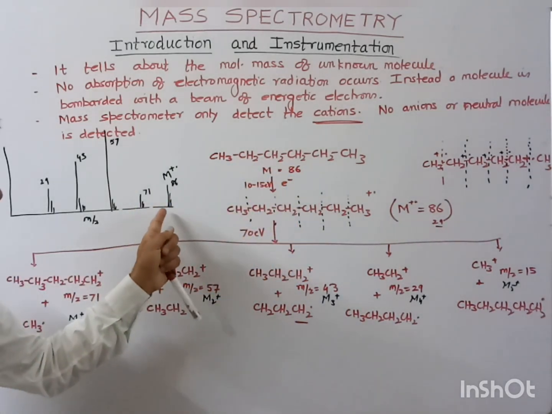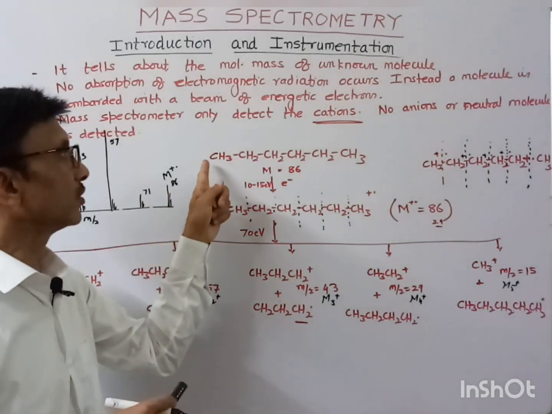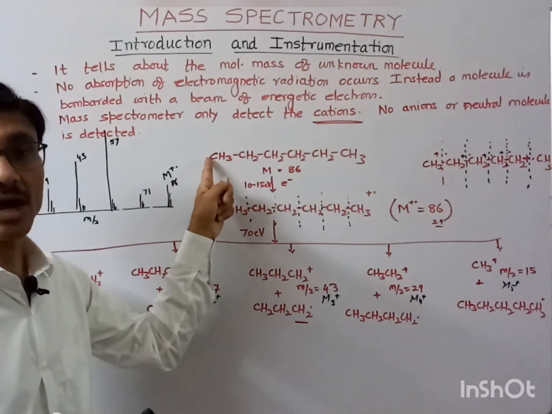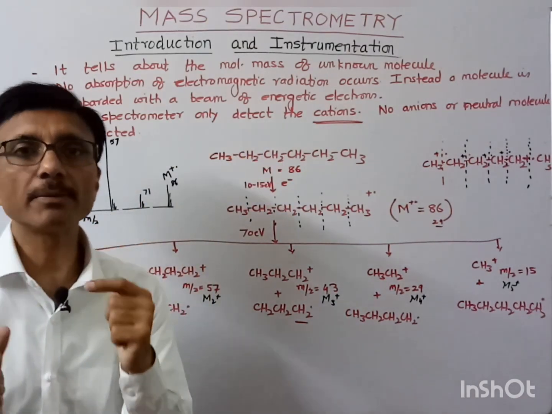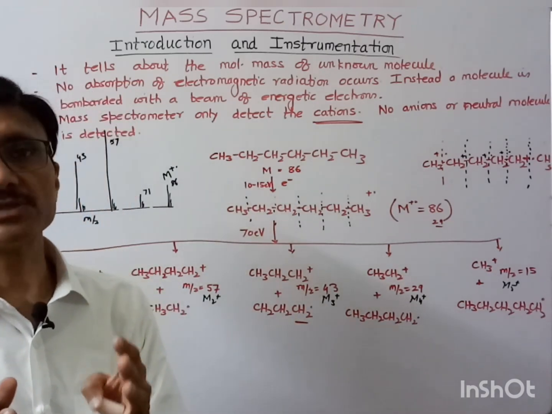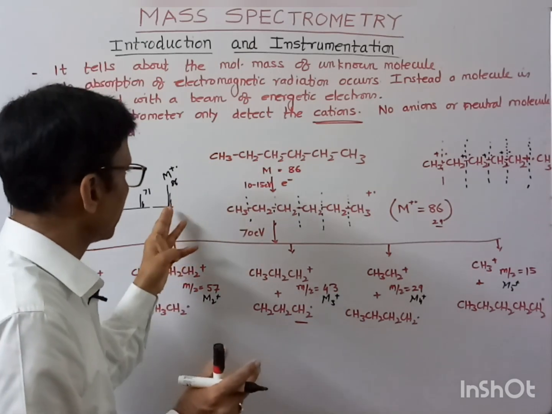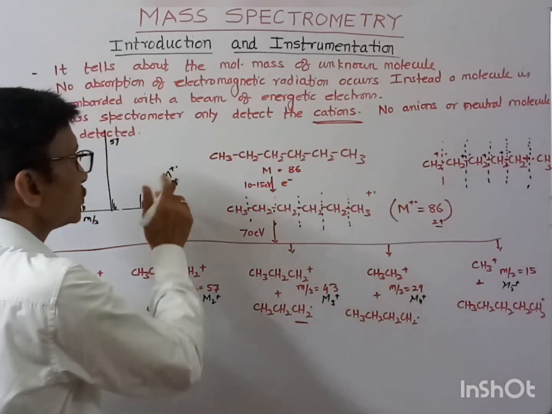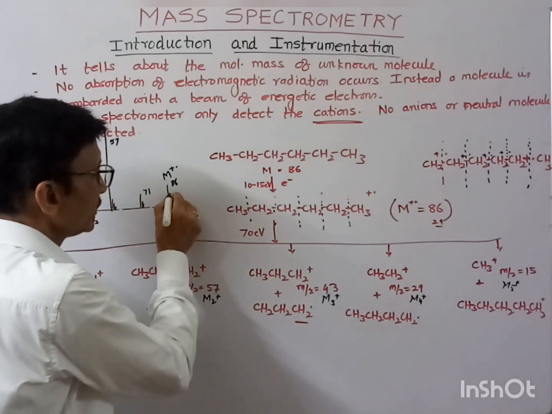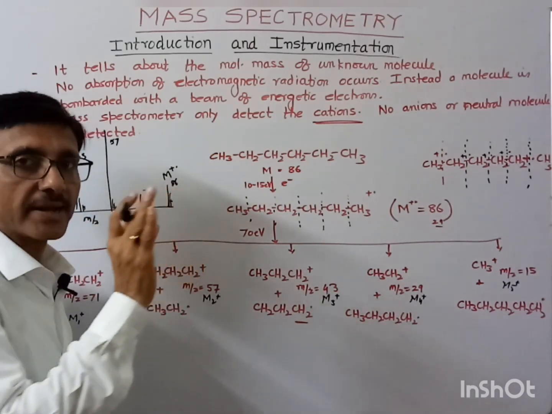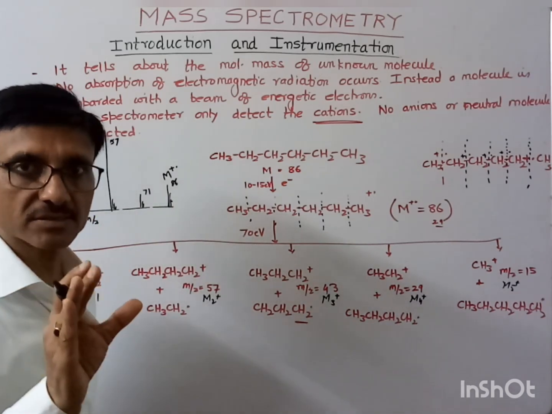So due to that, we get some other peaks, and we know that the relative abundance of carbon-13 is very less. So in comparison to the molecular ion peak, these peaks are called the isotopic peaks, and the relative abundance of isotopes is very less.